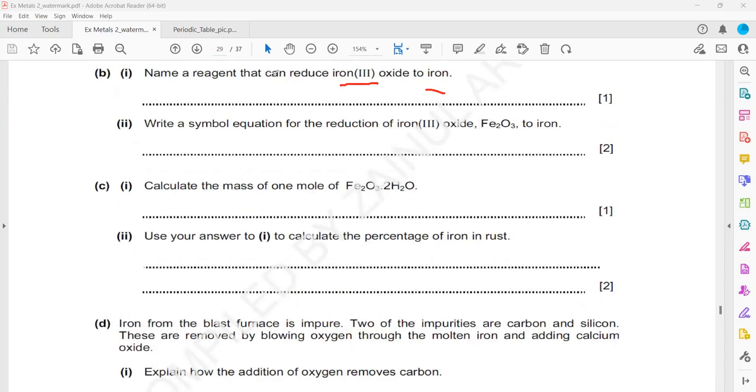What substance do we use? So usually we use carbon monoxide, because we want to remove the oxygen. We use carbon monoxide for this.